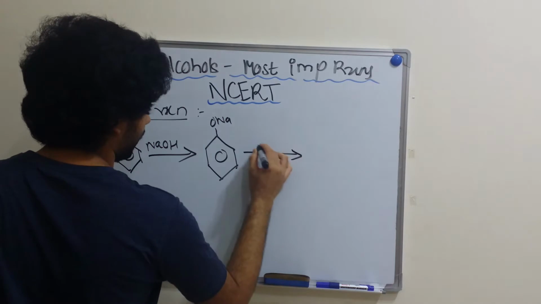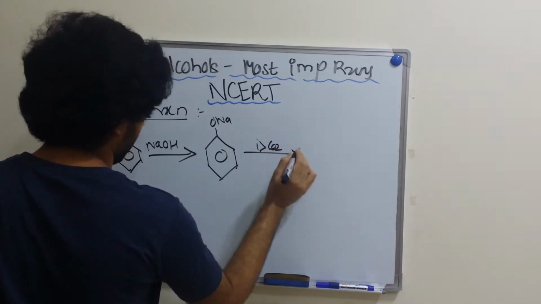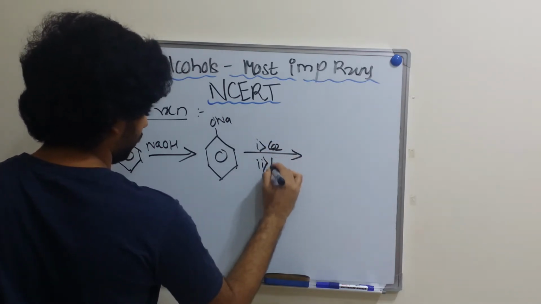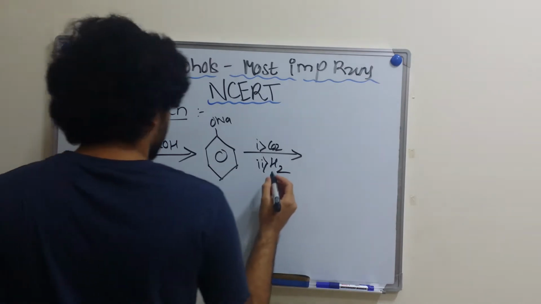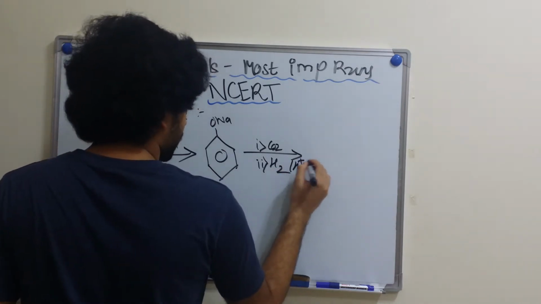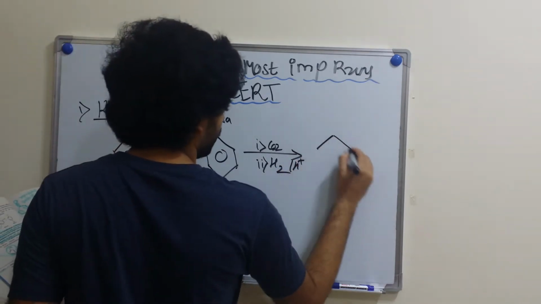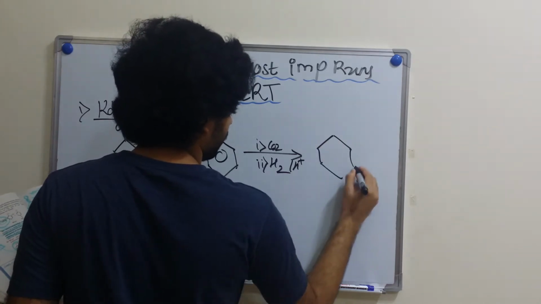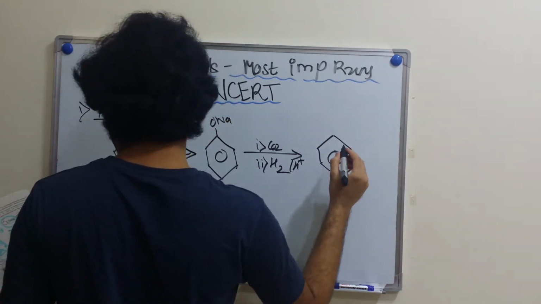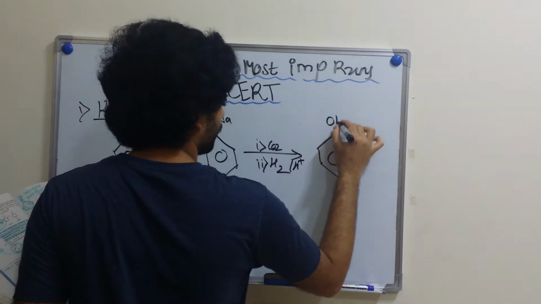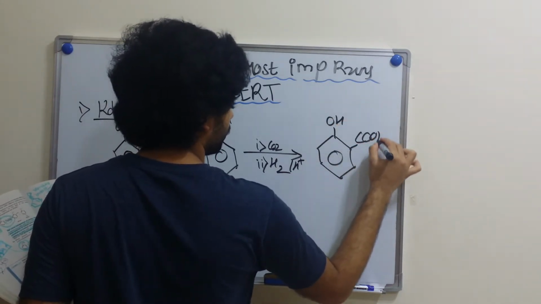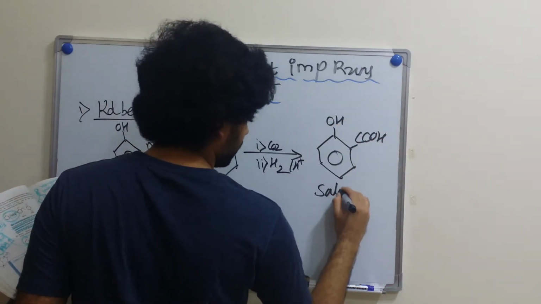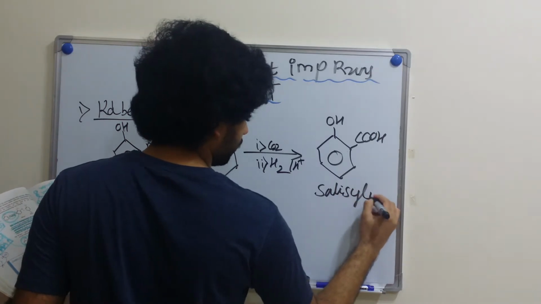To this, when I add CO2, carbon dioxide, under H2O or H plus, you are going to get salicylic acid. Okay, this is called salicylic acid.